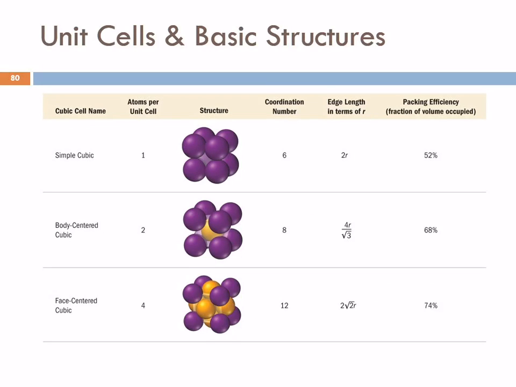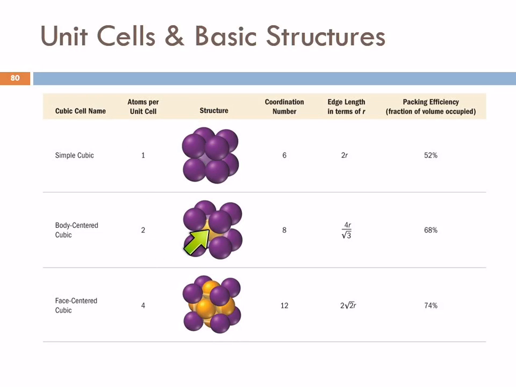These are some of the unit cells that we're going to look at. There's simple cubic, body-centered cubic, and face-centered cubic. And we're going to look at all of these in more detail. But this is a nice summary. It gives us the number of atoms per unit cell, an illustration of the structure.